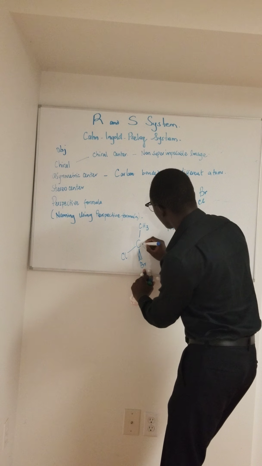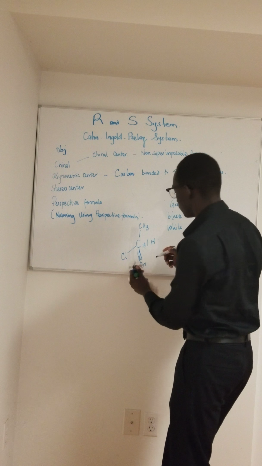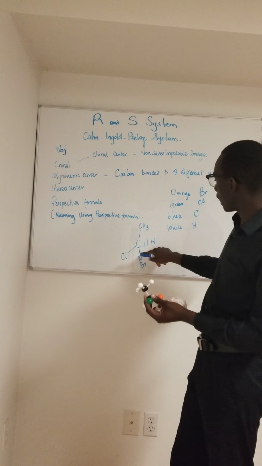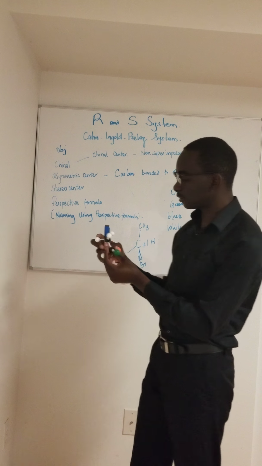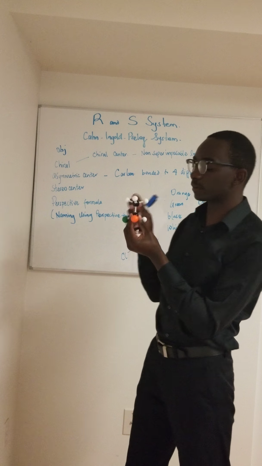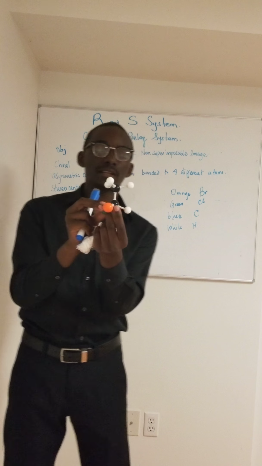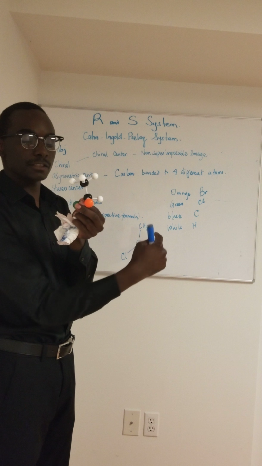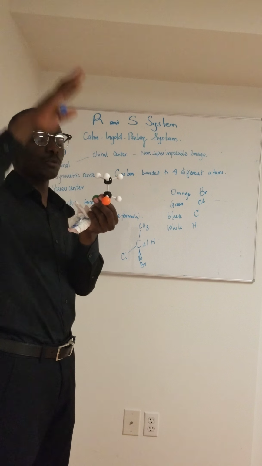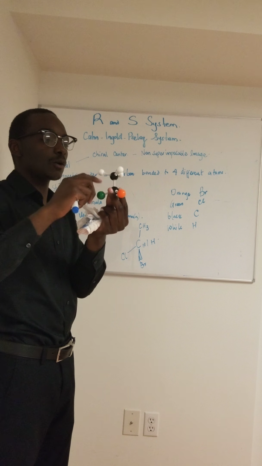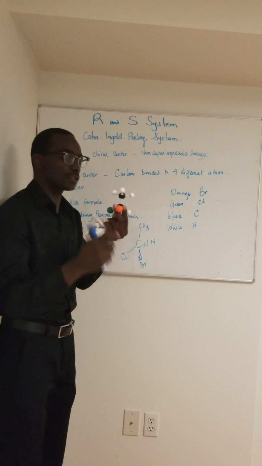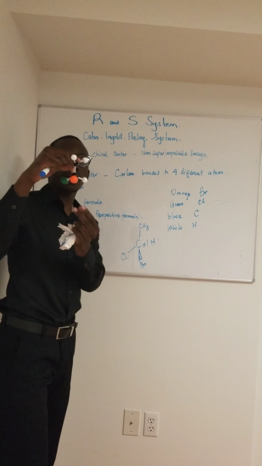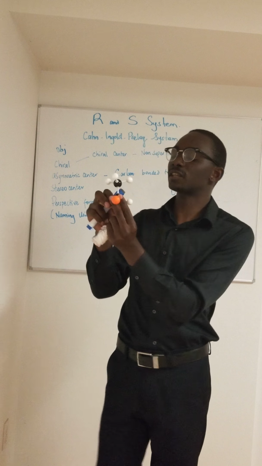When I draw like this with the wedge and the dashed wedge, it means that this bromine is facing you, the way you see it like this, whereas the hydrogen is in the back, the methyl group is up, and the chlorine atom is just on the side. This is how I've drawn this structure. Usually this is how an asymmetric carbon or an asymmetric center looks.